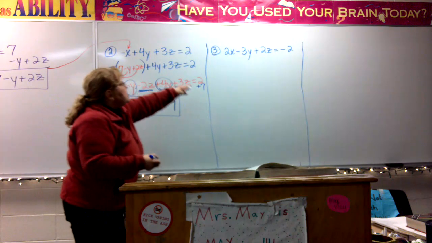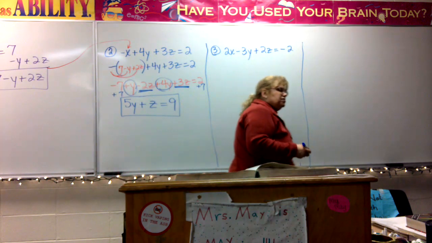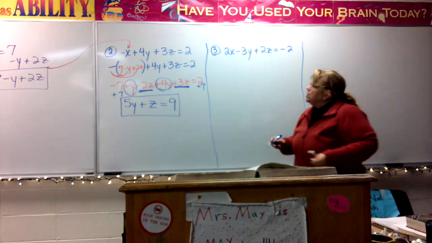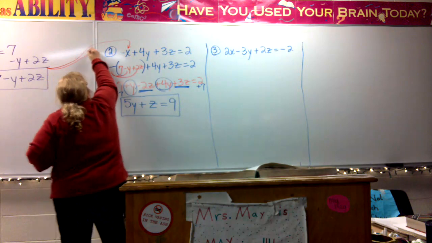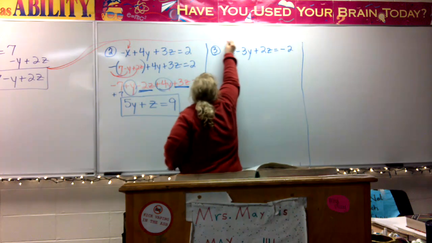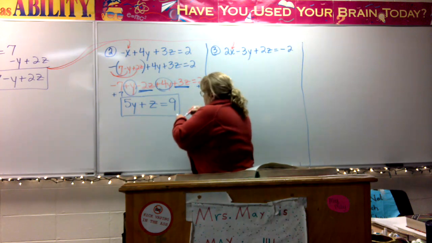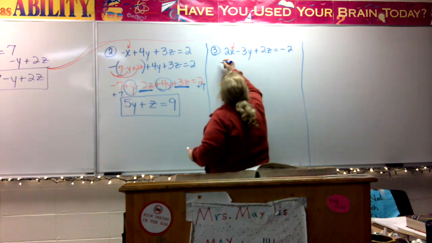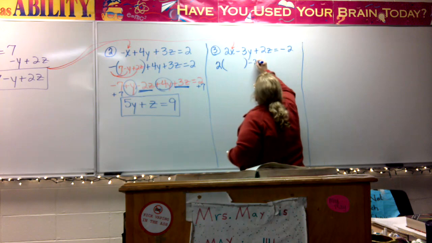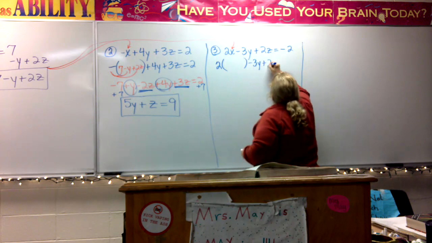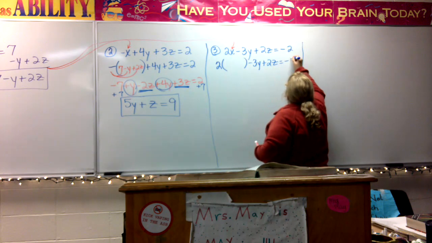Then we're going to do the same thing to the other equation that we have not used. We're going to substitute this value for x right there. So we will have 2x minus 3y plus 2z equals -2.